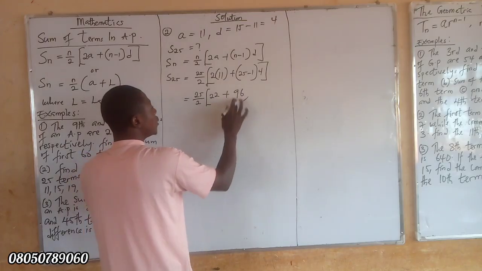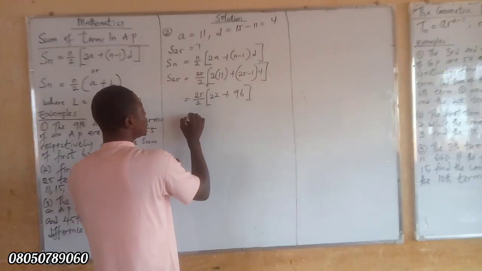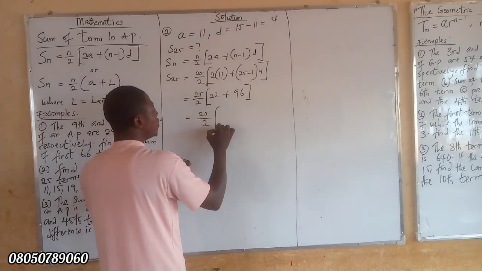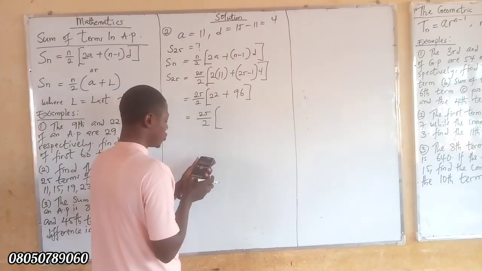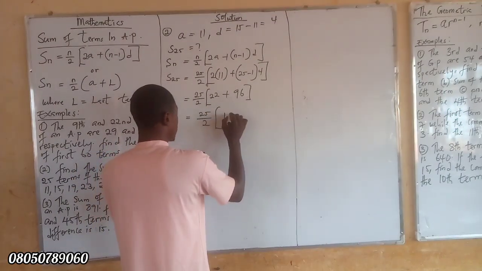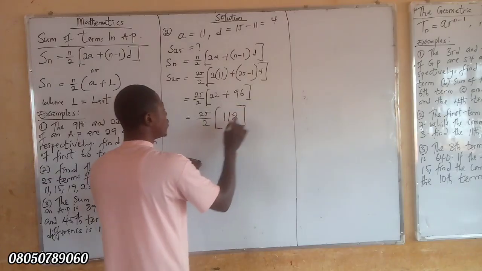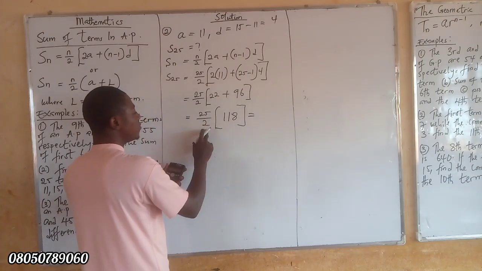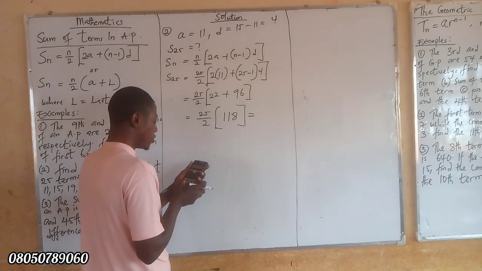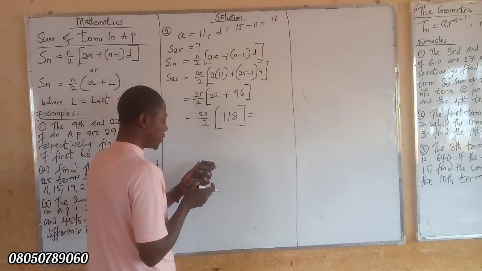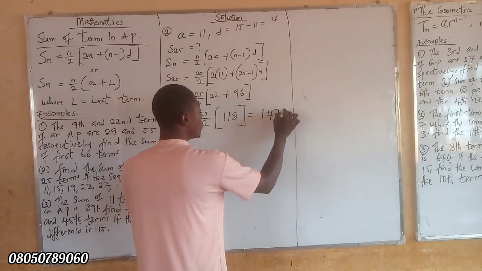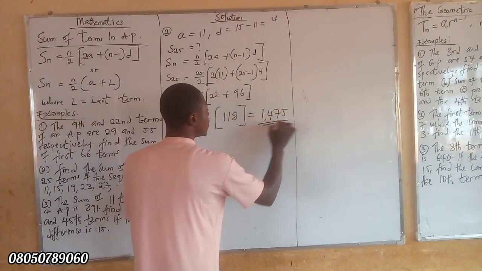Now that we have our 96, this is going to be equal to 25 over 2, all in bracket of 96 plus 22, which gives us 118. So now this is going to be 25 times 118 divided by 2, which will give us 1475. So this is the sum.